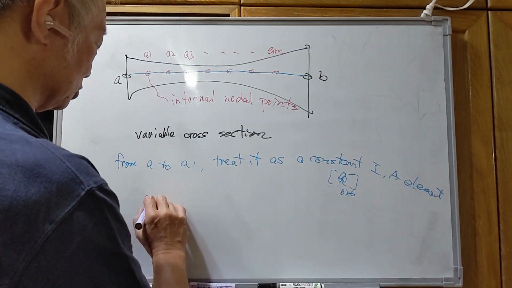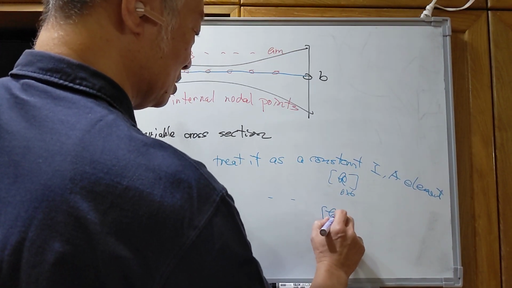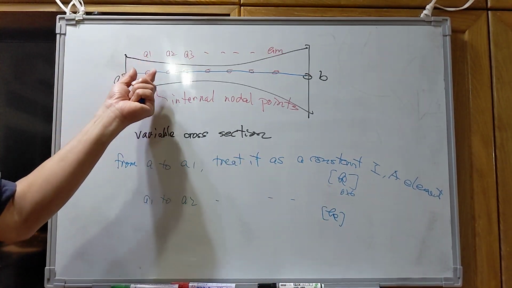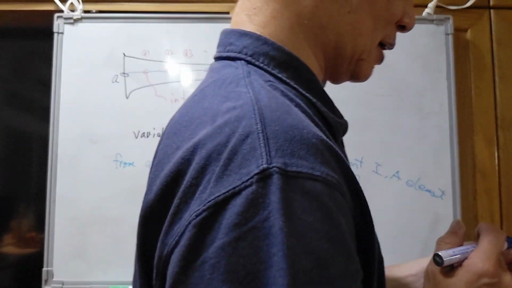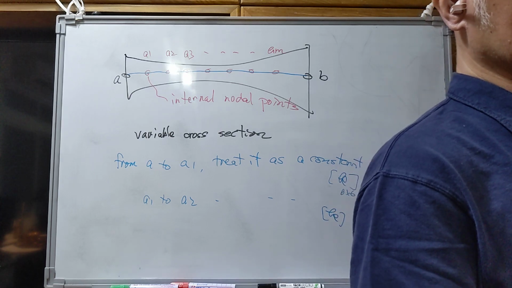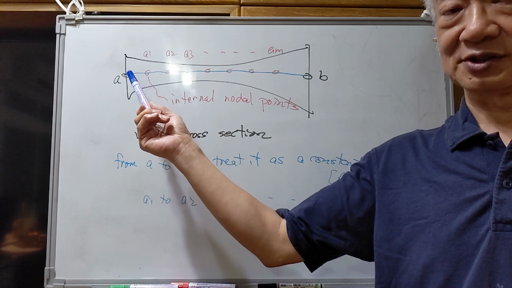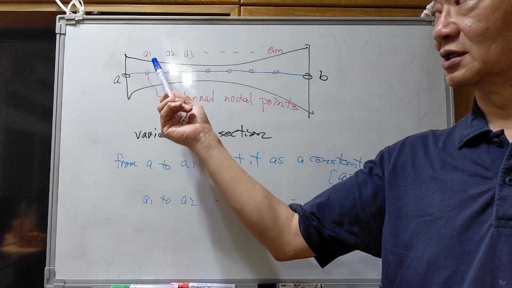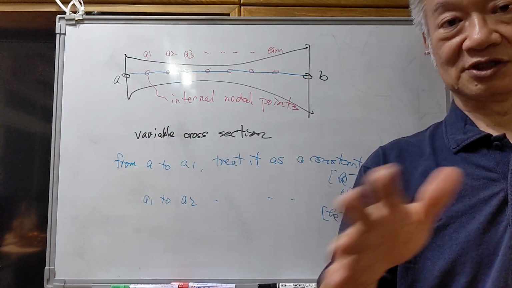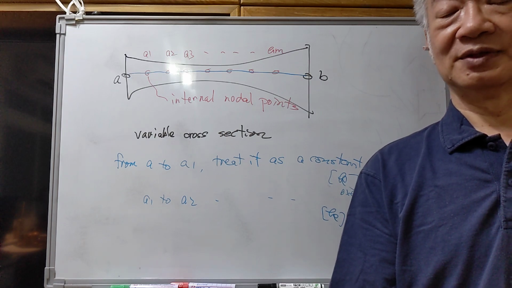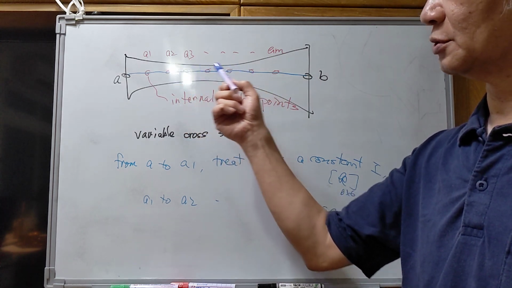Also from A1 to A2, we treat the K from the point A1 to the point A2 as another constant I and A element, but the constant I and A will be different from the first element, since it is an approximate solution for the continuously varied element. Okay, so we can continue to the next.